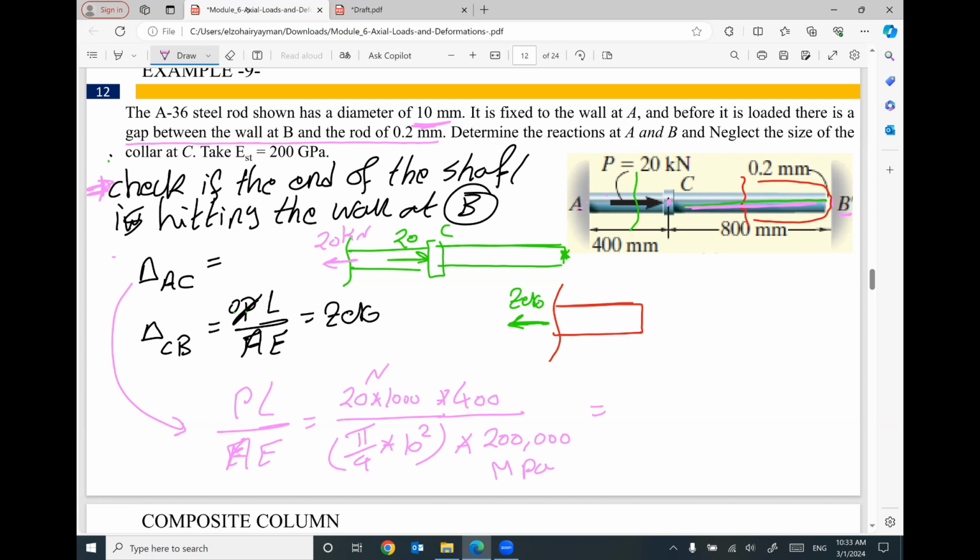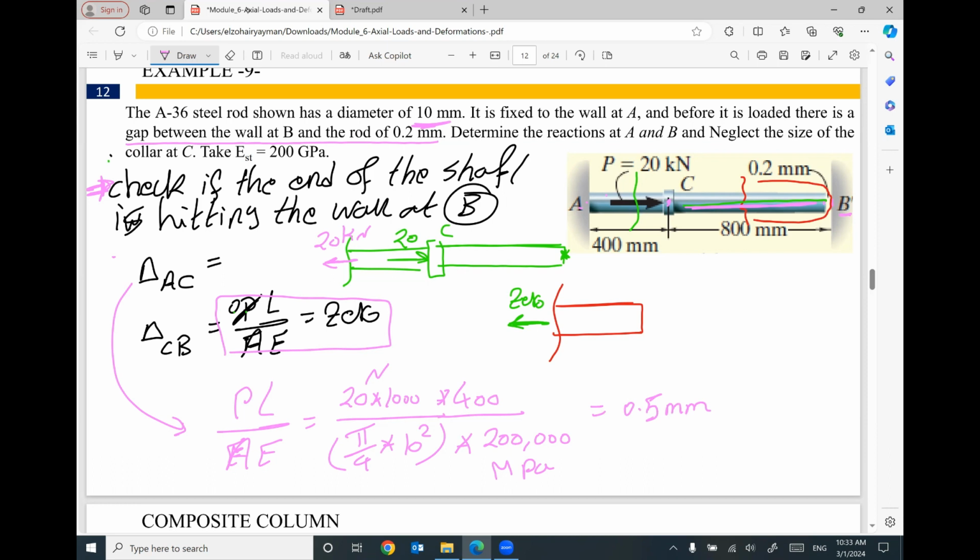In this case, the elongation in part CB will be 0, and the elongation in part AC will be 0.5 millimeter.